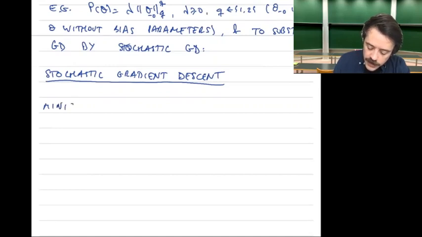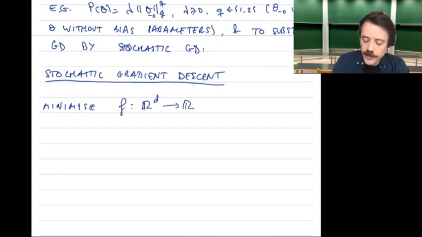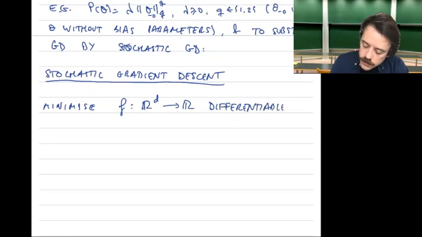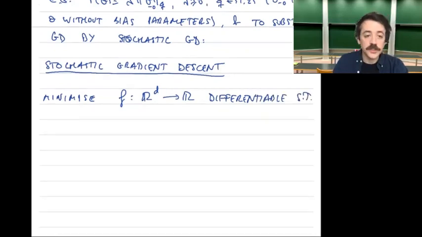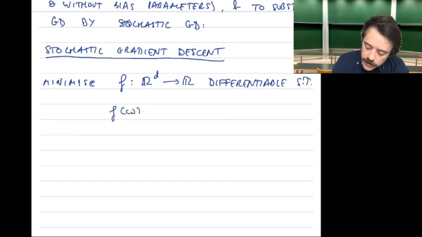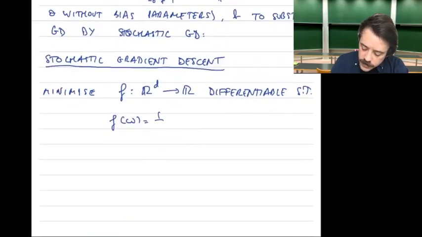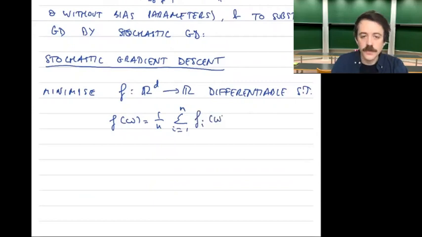We wish to minimize f going from R^d to R, which is a differentiable function, and such that it can be written as follows, as an average of functions.